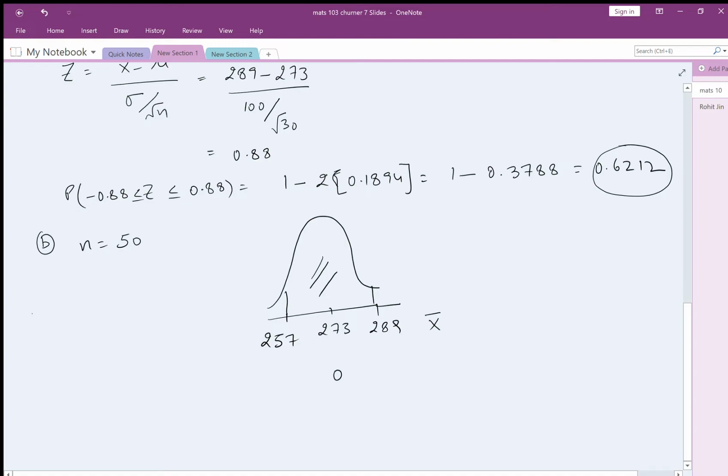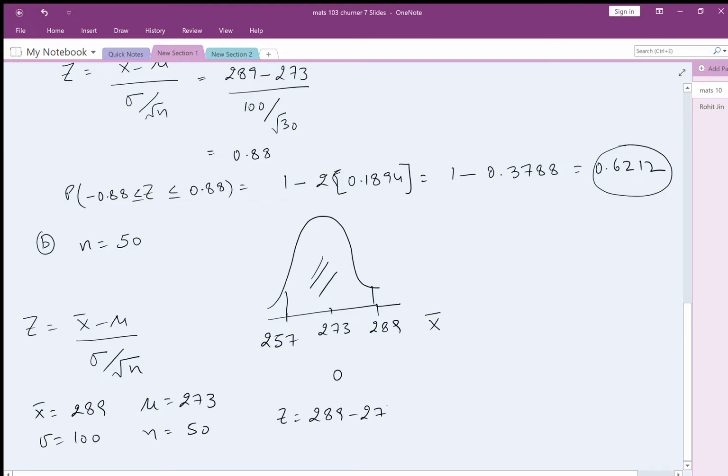So z is equal to x bar minus mu over sigma divided by square root of n. Let's say x bar is 289, mu is 273 as before, sigma is 100 as before, but now n is 50. So z is going to be 289 minus 273 divided by 100 divided by square root of 50. When we solve this, it is equal to 1.13.